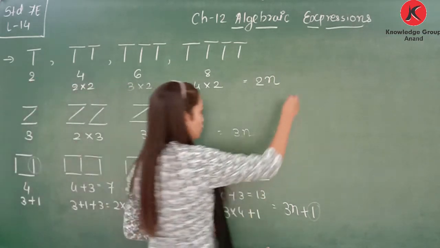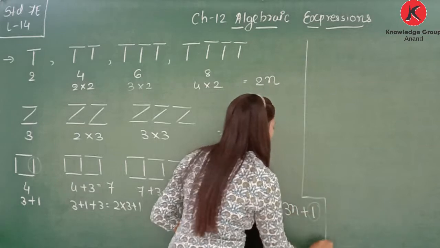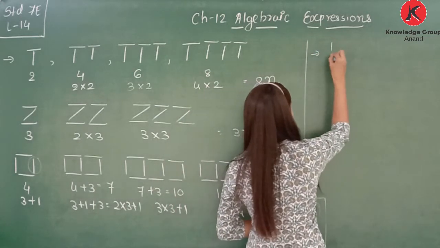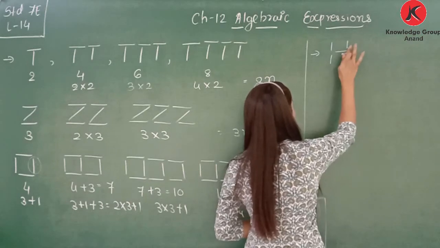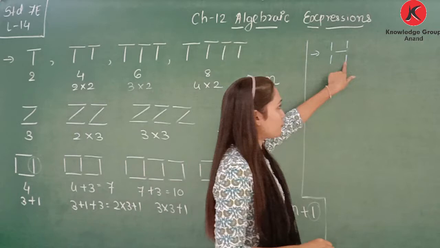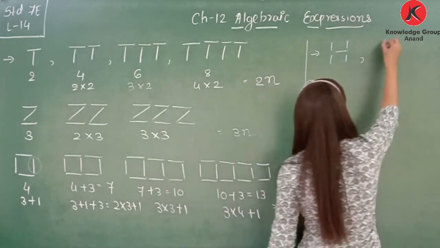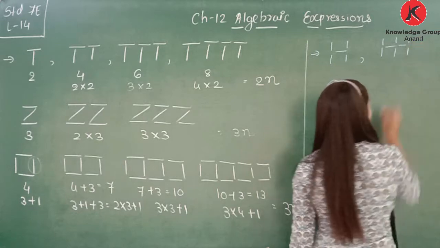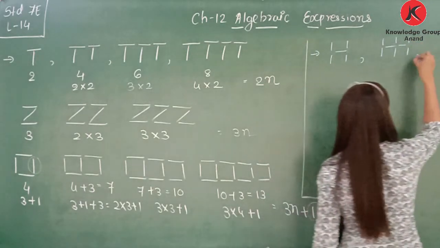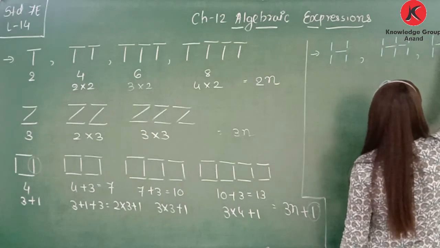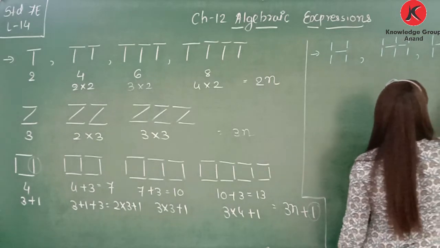If we take the pattern for H, how many matchsticks do we require? 1, 2, 3, 4 and 5. For consecutive H, 5 plus 3. For the next consecutive, this is 5 matchsticks, then we need to add 3 and 3.